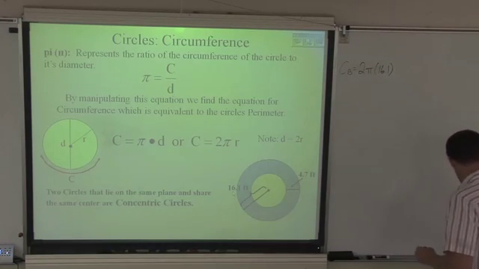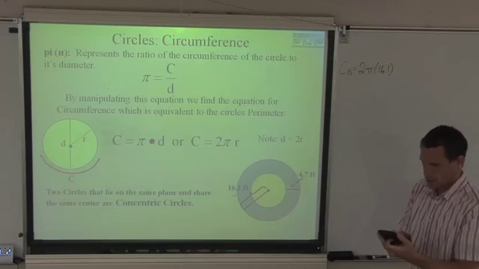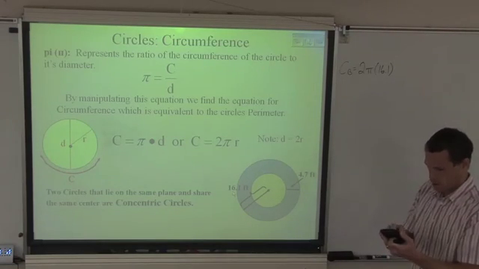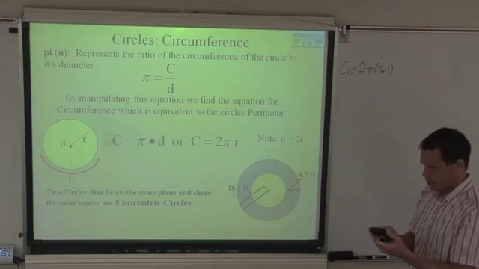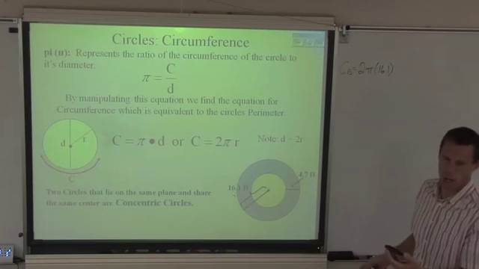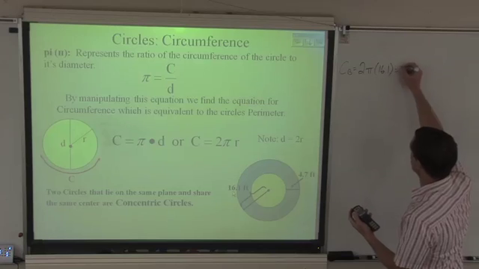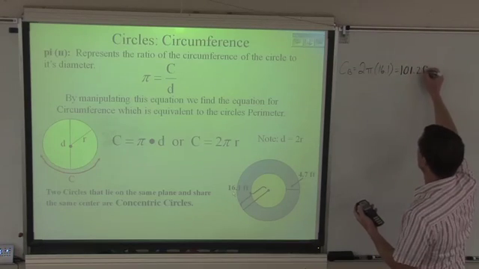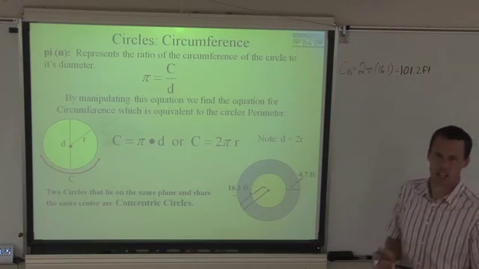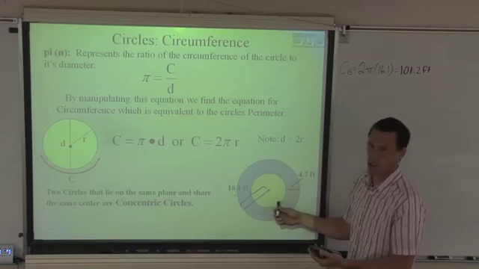We take our calculator for this and we say 2 times pi, and here's the pi button, times 16.1. And we end up with 101.2. So I have 101.2 feet. That is the circumference of my blue circle. Let's look at the yellow circle.